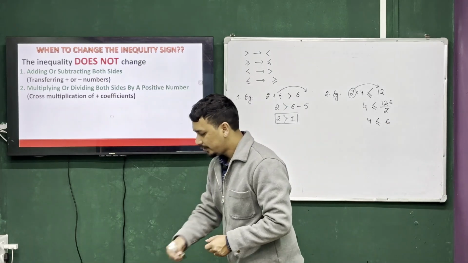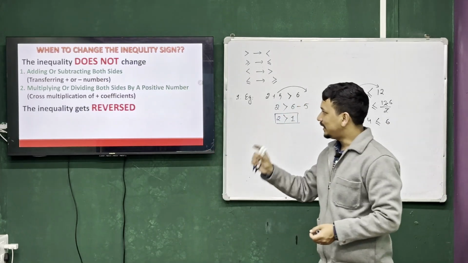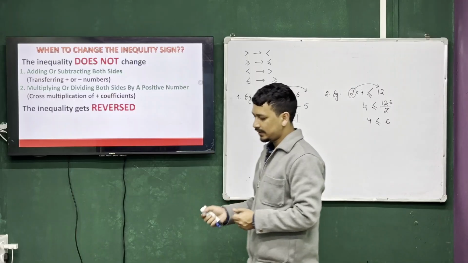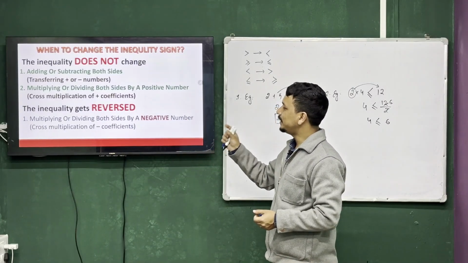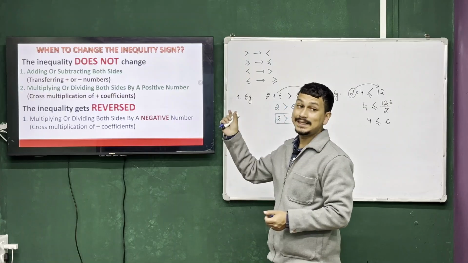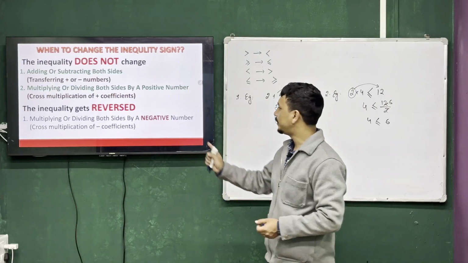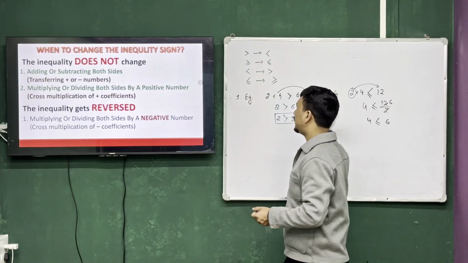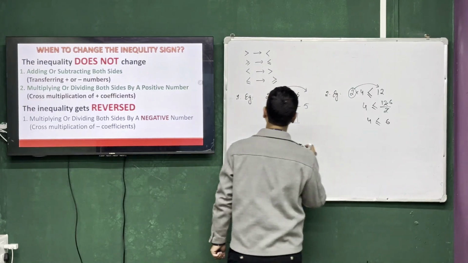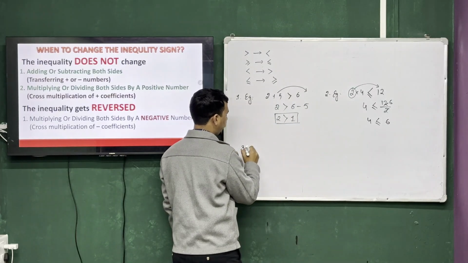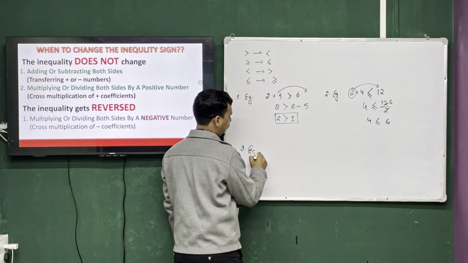Let's see. So when do we need to change the sign? The inequality gets reversed when, number one, multiplying or dividing both sides by a negative number. Alright, when we do this step, but with a negative number. Let's try to understand this. So number 3's example.